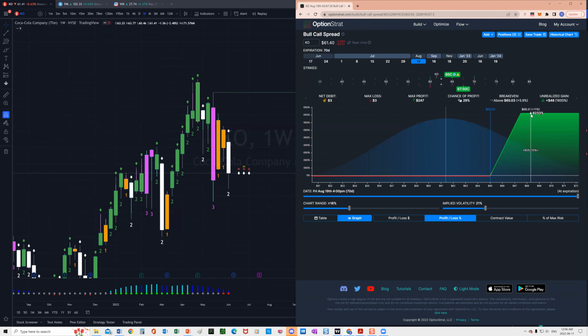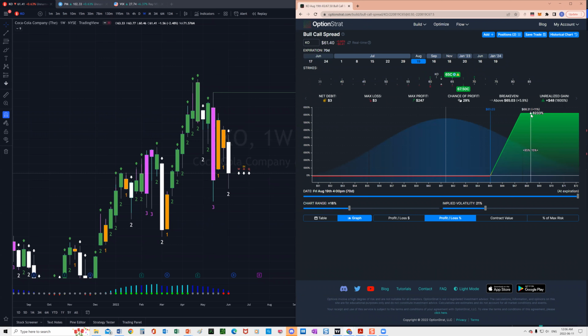I still think that it has potential, but now there's a whole bunch of chop. Well, if you don't want to get caught up in the chop, leg into a spread, take your money out. You've now lowered your capital commitment. And if it goes up further, great. And if it goes down, well, you've already taken out most of your money and you've only got $3 at risk for the potential of making another 247.